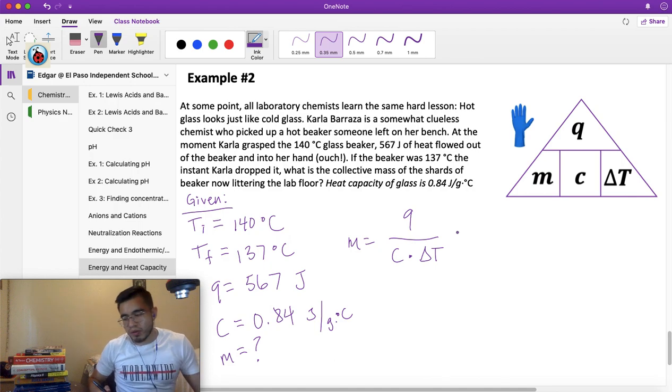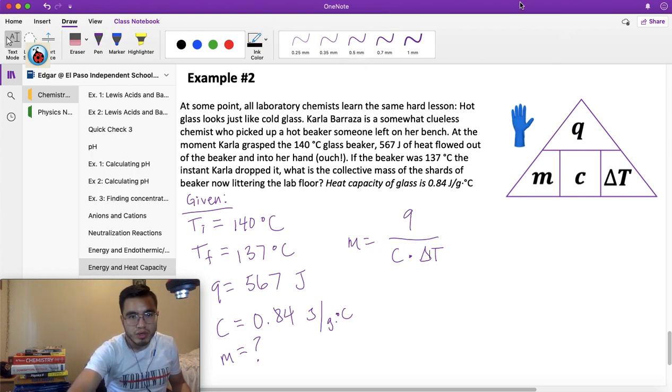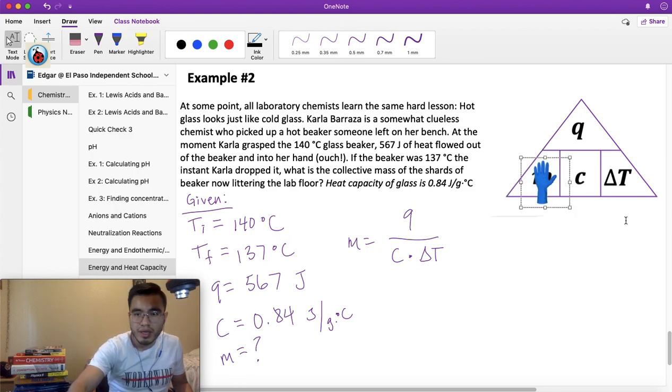What if you don't know how to do algebra? What if you don't like cheeseburgers? What if you're a vegan like me? I have this triangle over here. Now, what is the variable which we want? What are we looking for, the mass? So what you do is you cover the M and you have Q, C, delta T. Q is on top, as you can see on my equation. Then C, T on the bottom. If they're together, they're being multiplied.